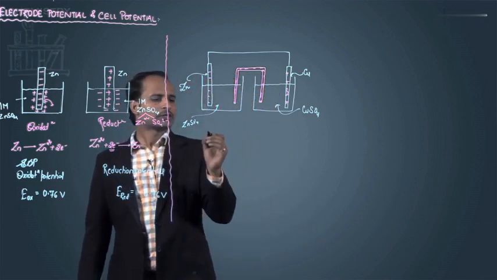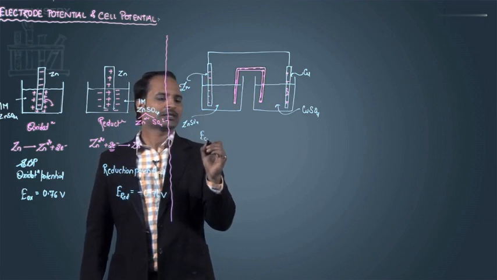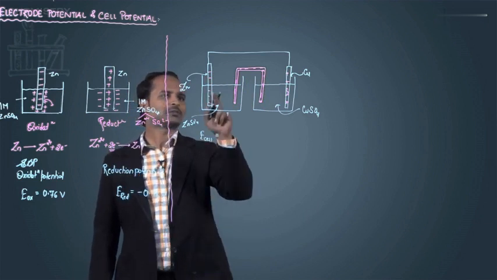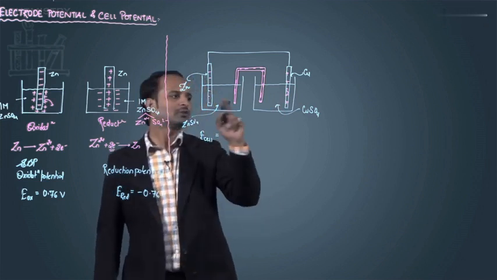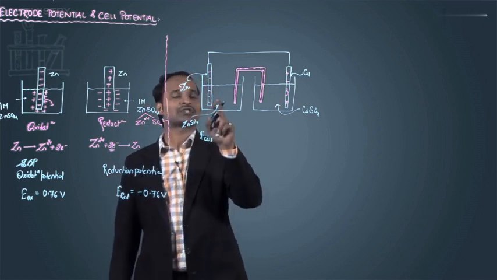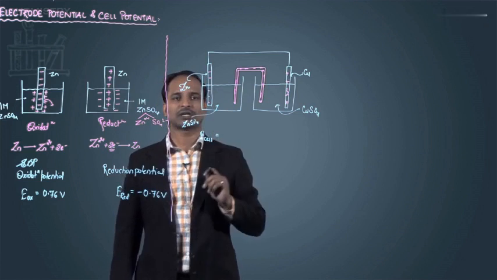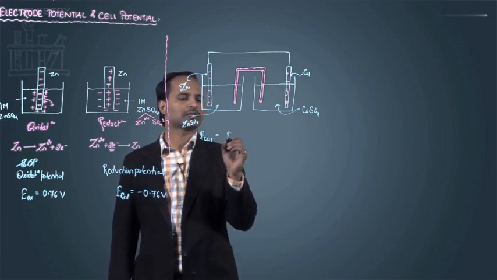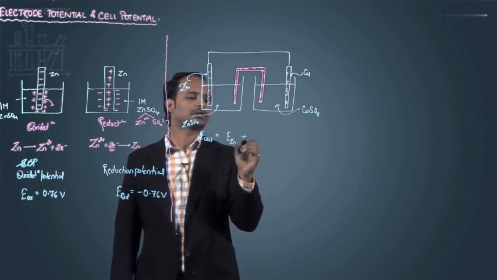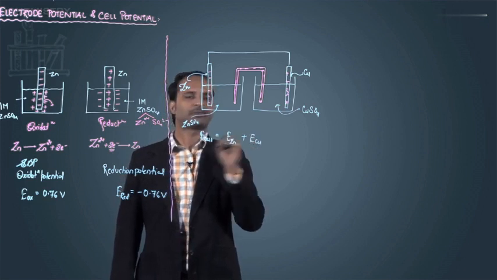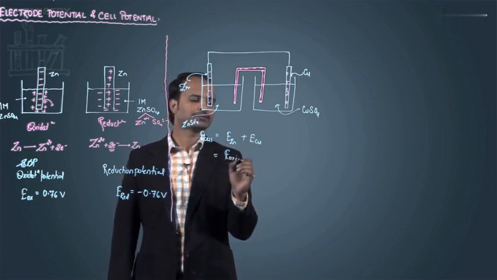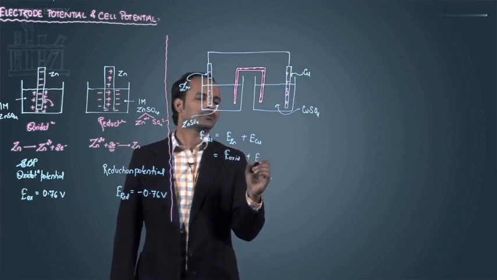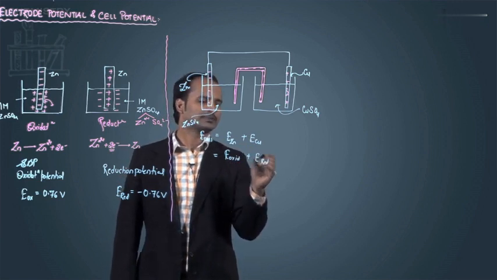Suppose I want to write E cell, that is the cell potential. Then simply I will say the cell potential is nothing but the sum of the potentials of the electrodes, that is the potential of the zinc electrode plus the potential of the copper electrode. The zinc electrode is where oxidation is taking place, and the copper electrode is where reduction takes place.